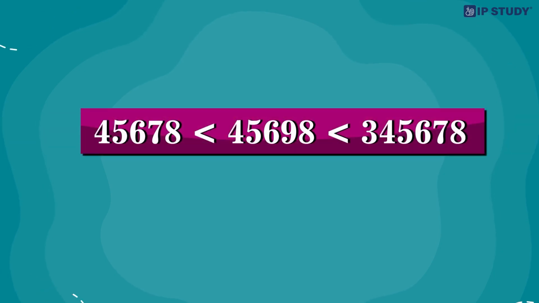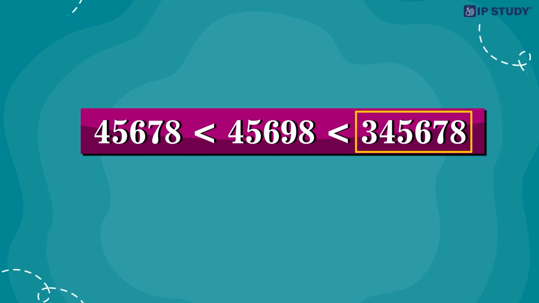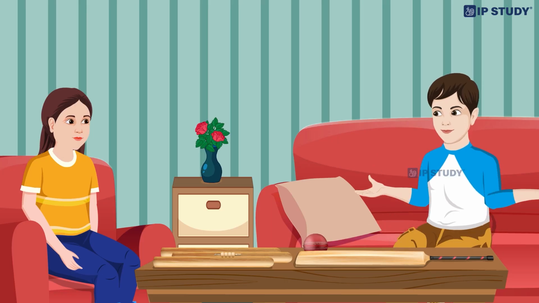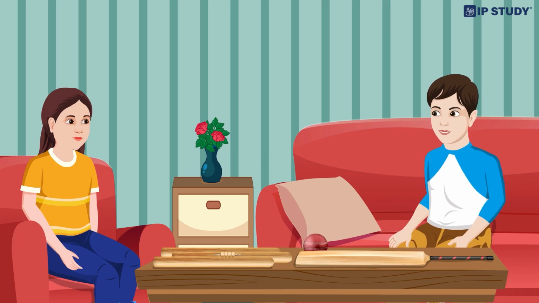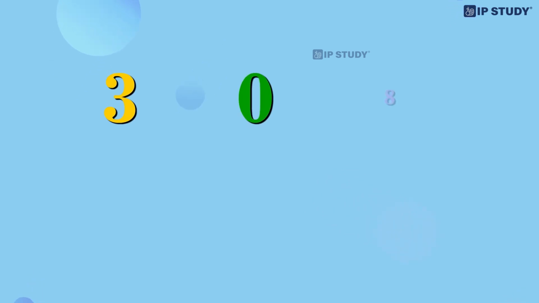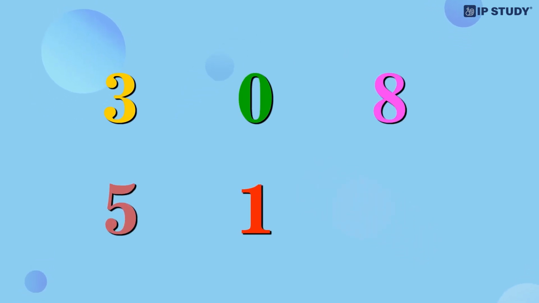So, the order is 45,678 less than 45,698 less than 345,678. Got it.